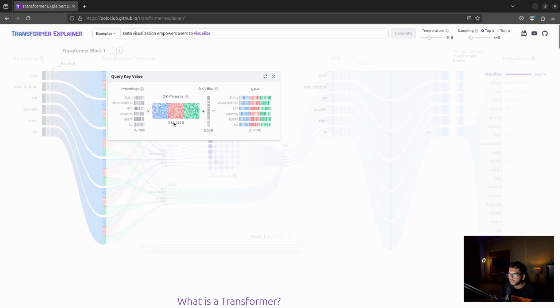After that, there is a query, key, and value matrix. This is the main matrix in the attention layer, Q, K, V: query, key, and value. This matrix has the dimension of 768 by 2304.